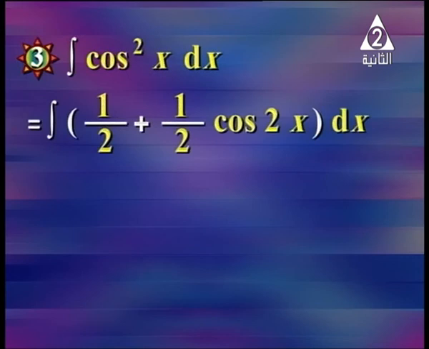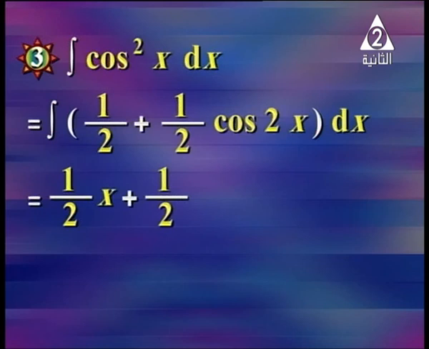Number 3, what is the integration of cosine square x dx? Excellent student. We replace cosine square x by using half plus half cosine double x dx. Remember, we have the rule: cosine square x equals 1 over 2 plus 1 over 2 cosine 2x. What is the integration of 1 over 2? 1 over 2x.